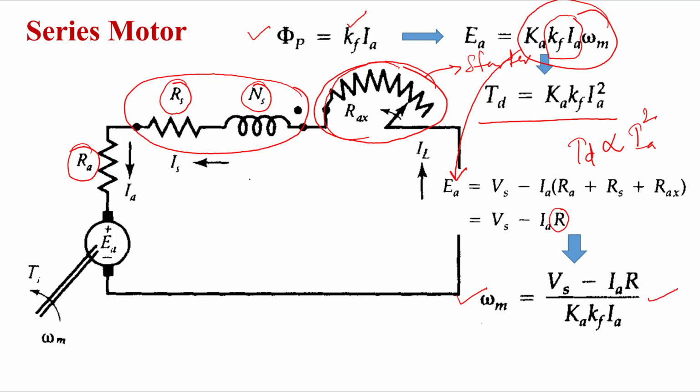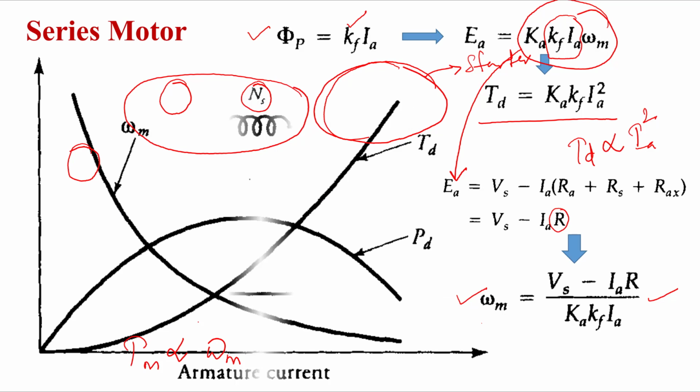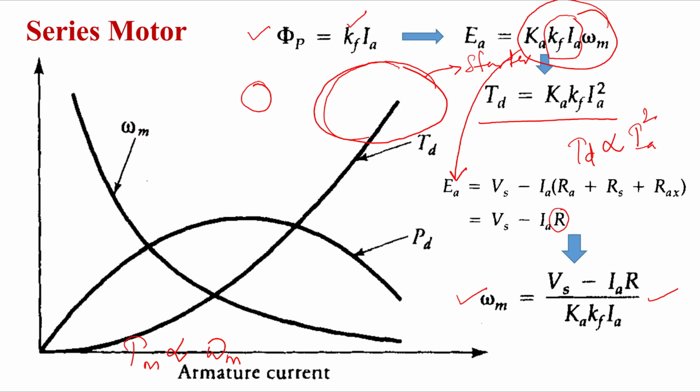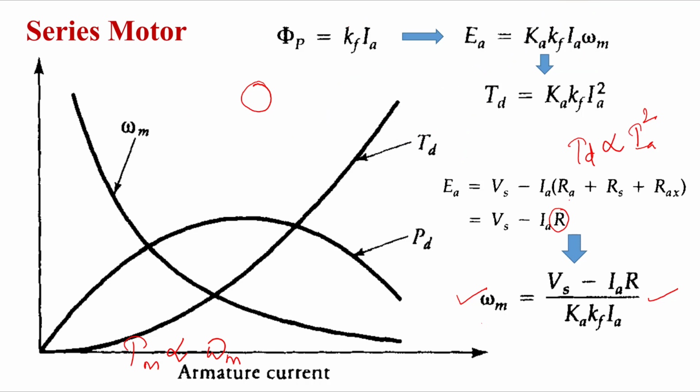Now we want to find the terminal characteristic, that is torque versus speed, right? So let us see how we can do this. So this is your characteristic. How is this characteristic achieved?